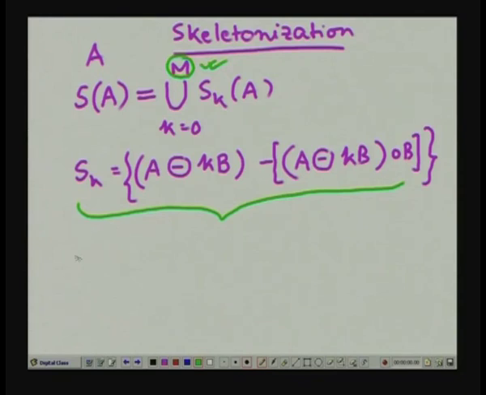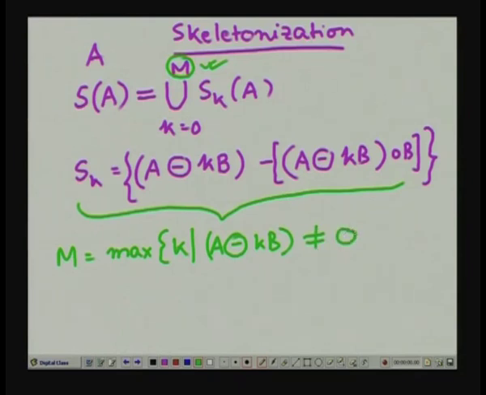So, we can define M as the maximum of k such that A eroded with kB is not equal to a null set. So, this M indicates the maximum number of iterations before our given set A erodes to a null set.